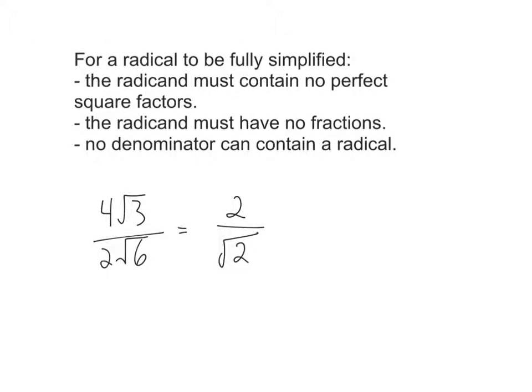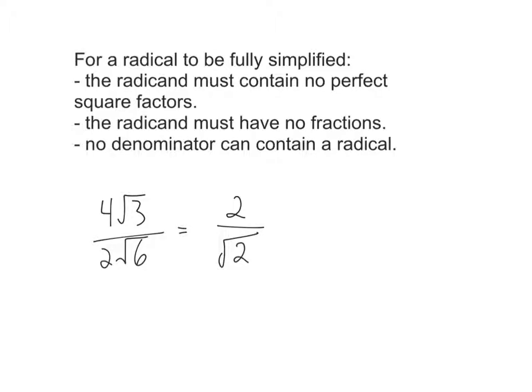So this is what you need to remember. For a radical to be fully simplified, the radicand must contain no perfect square factors. You guys already knew that. So if it has like a root 8, you need to take out that perfect square factor of 4. We've done that. The radicand must have no fractions. So we couldn't have changed that one into 2 root 1/2 because you can't have a fraction.